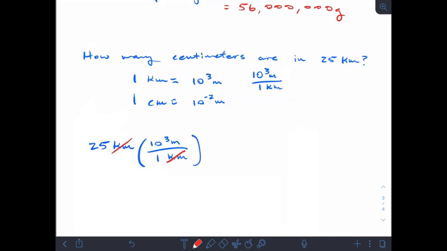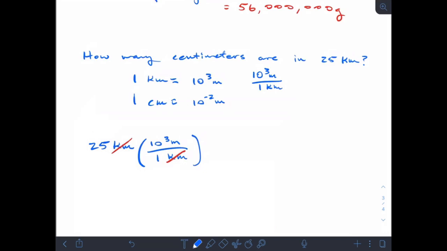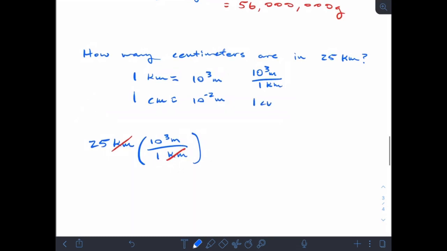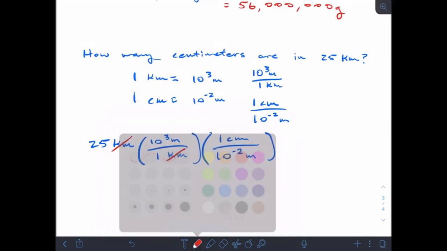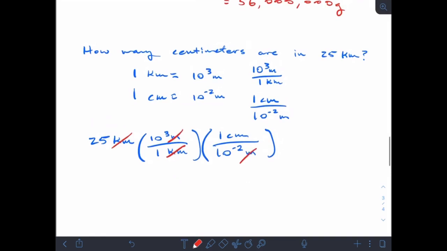But I eventually want to get to centimeters. So I'm going to do another conversion that puts meters on the bottom, because meters is what I want to get rid of. So I have 1 centimeter over 10 to the minus 2 meters. That'll be my next step. The same thing happens: in my first step, I got to meters, and now I'm putting meters on the bottom, so meters cancel out, which leaves me with centimeters.